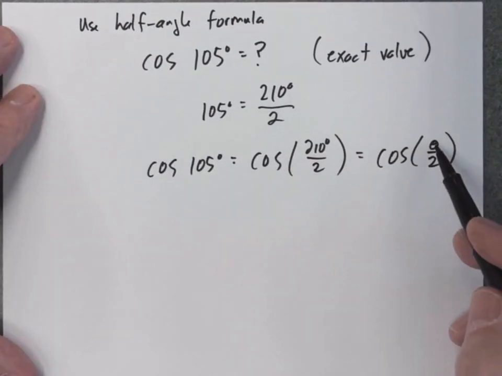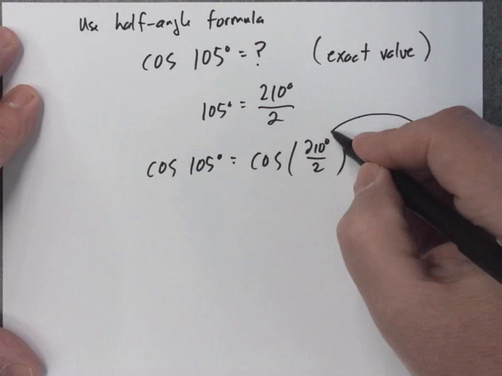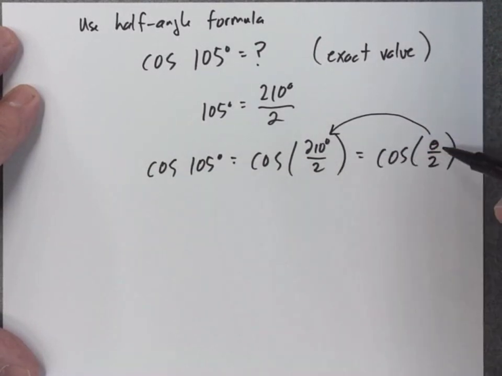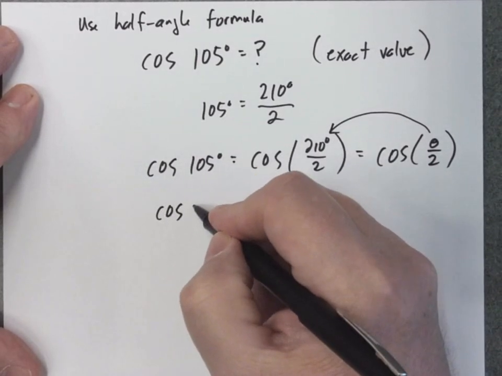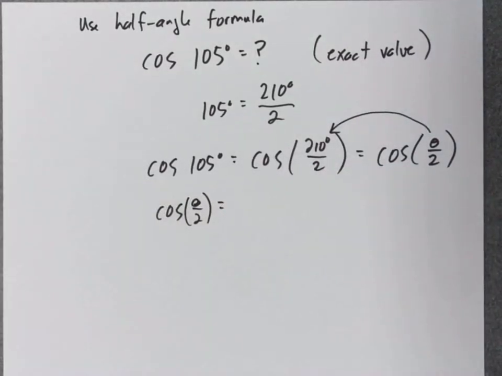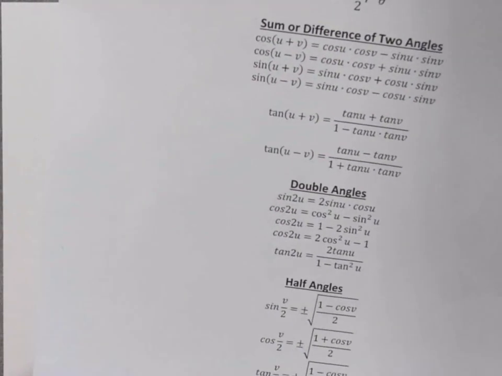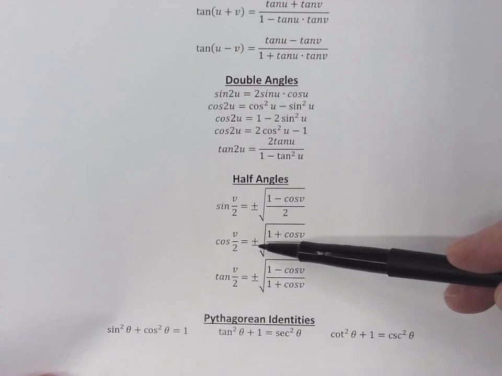So now if I think of my half angle formula, you can see that 210 degrees is like theta. And now I can use the half angle formula. So I get my formula sheet and I say the half angle for cosine is this.